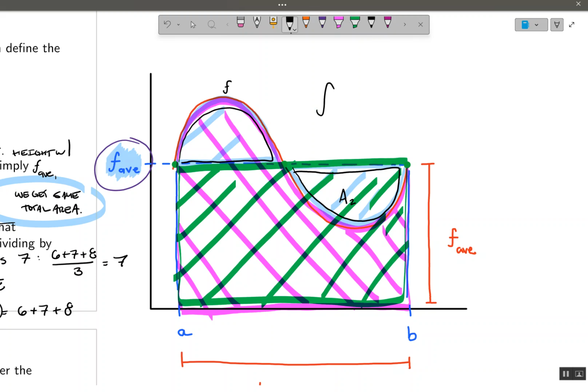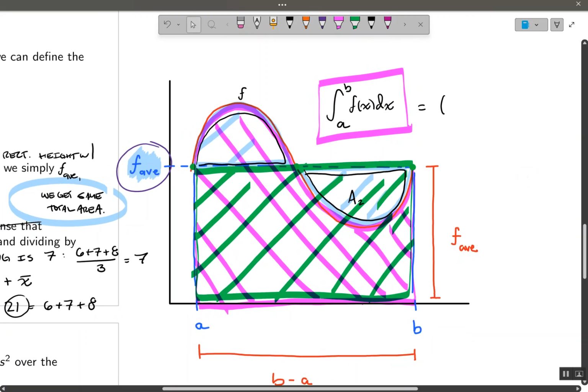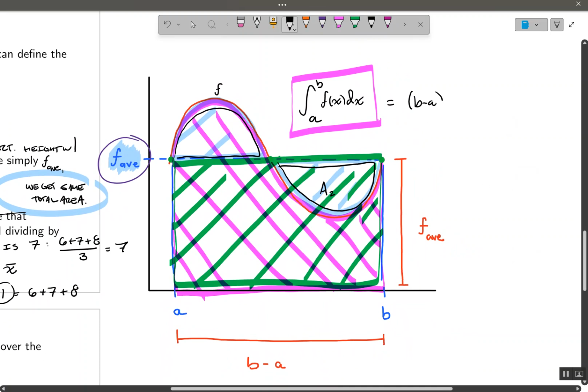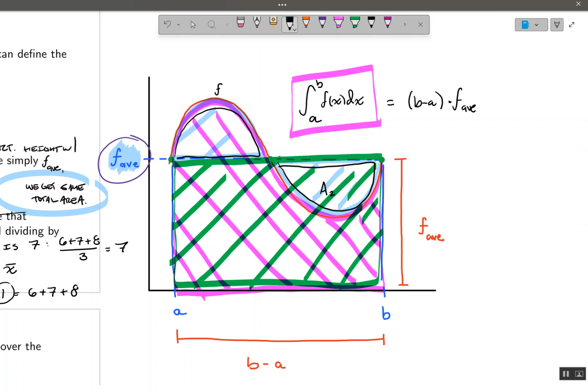What we have found is that the area under the curve f from a to b, that was the pink, is going to be exactly equal to the area of the green rectangle, which is length times width. This thing is b minus a in width, and the height is this y value, f average.